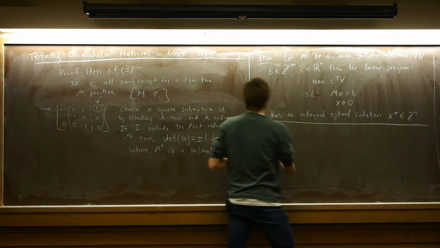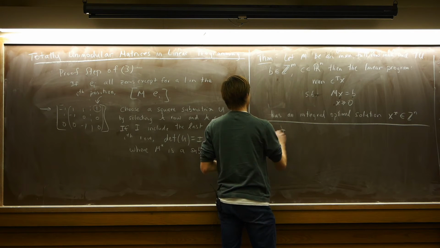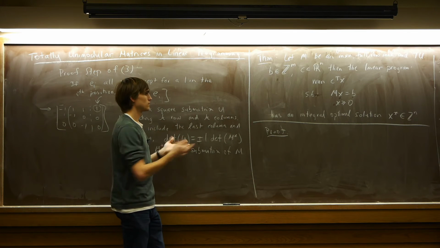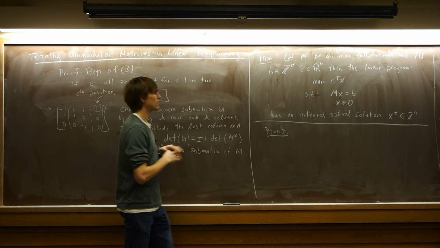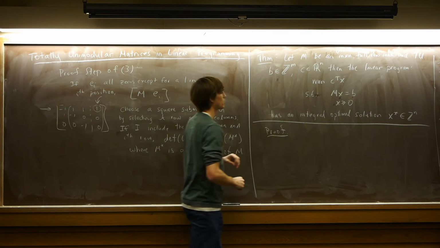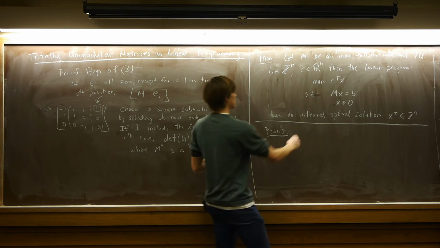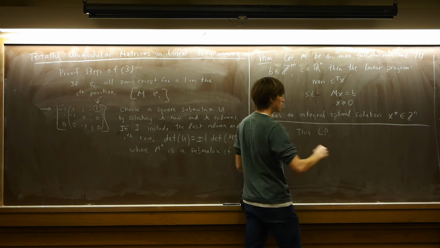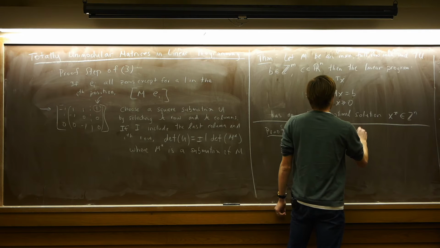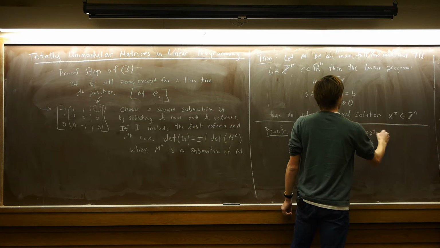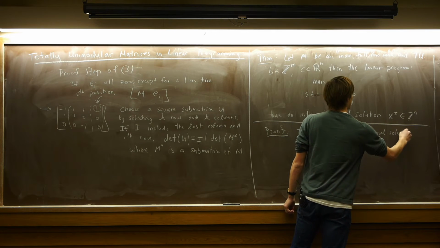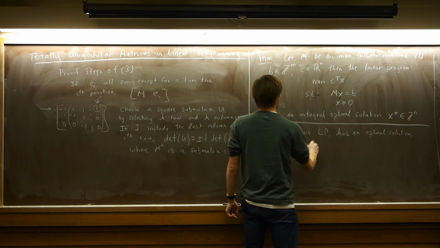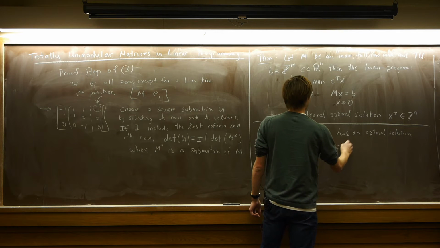So let's go through the proof of this. So just some standard stuff from a course like CS 520 or any course on linear programming or optimization. We know that a linear program like this, like any, has an optimal solution that's a basic feasible point.